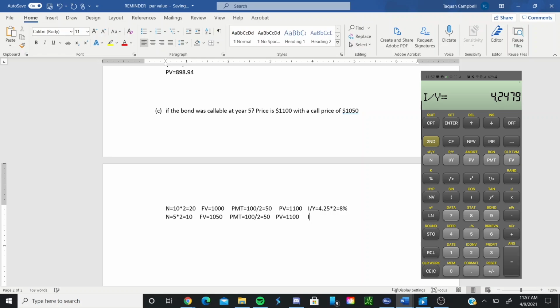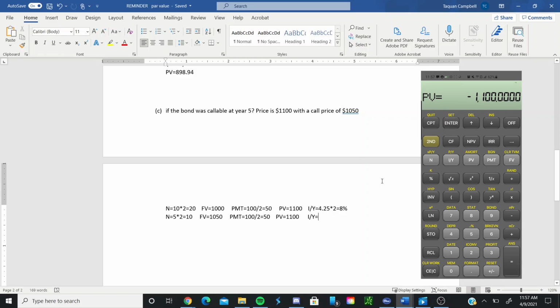So now we're going to find our yield again. So come back over to our calculator and enter the new information. So instead of 20 for N, we're going to put 10. So I hit 10 N, 1050 for FV or par value, 50 for the payment, 1100, and don't forget to put the negative sign for the PV.